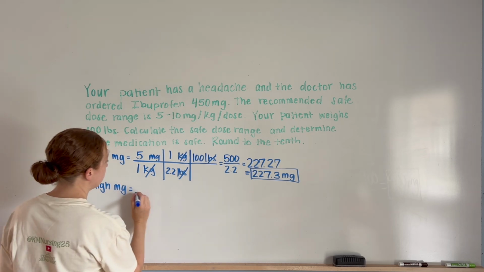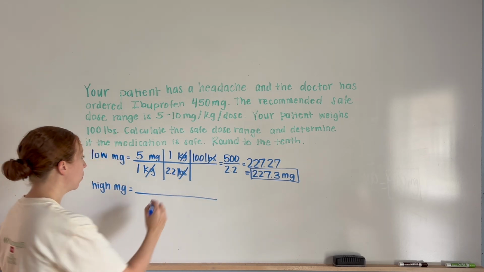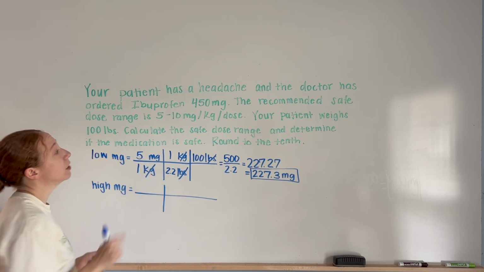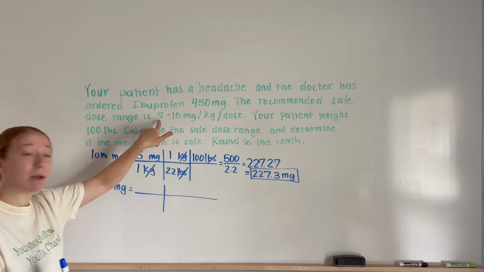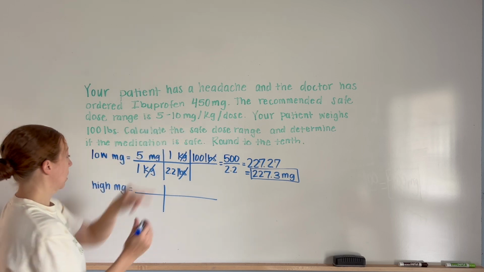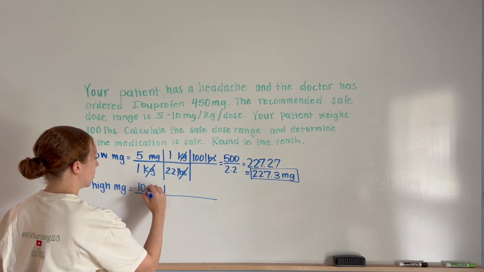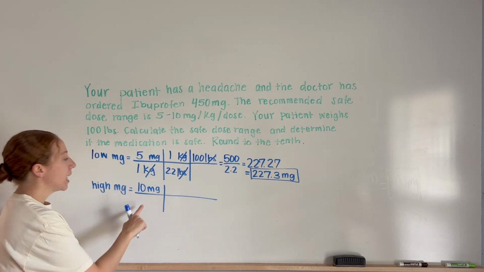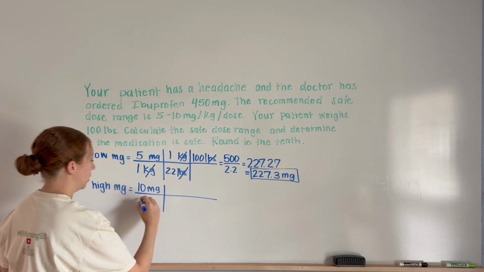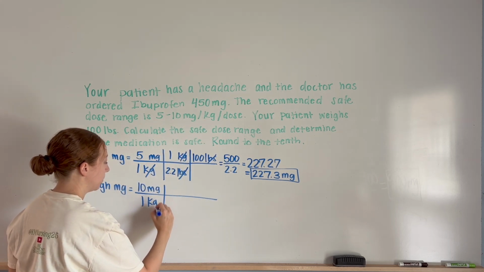I set this up the exact same way I did before, only now instead of plugging in my 5 milligrams, I'm going to use my 10. So 10 milligrams goes on top. Again, the partner that goes with it is 1 kilogram.